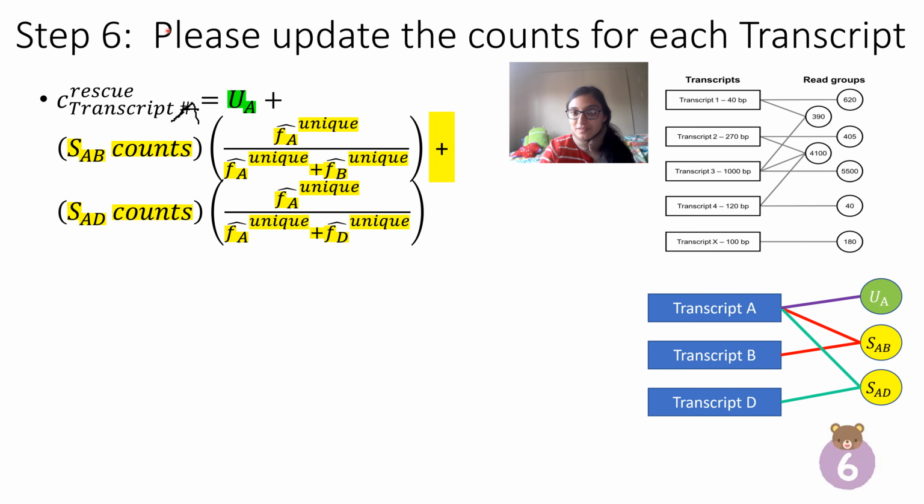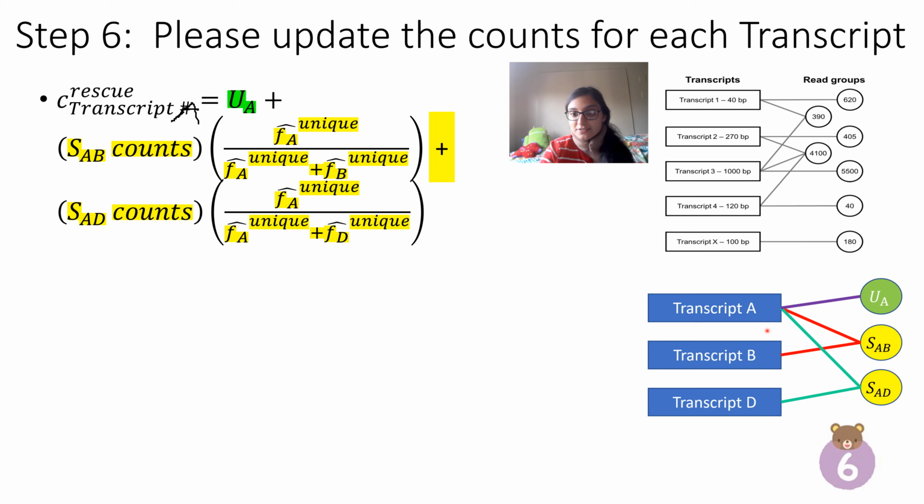Now we start updating the counts for each transcript using this formula here. We take the UA, that part always belongs to transcript A, and then we're scaling what it gets from the read group SAB, what it shares with transcript B, will be the scaled version.